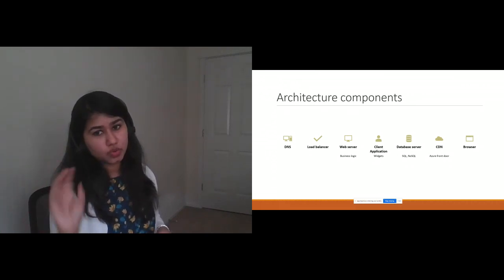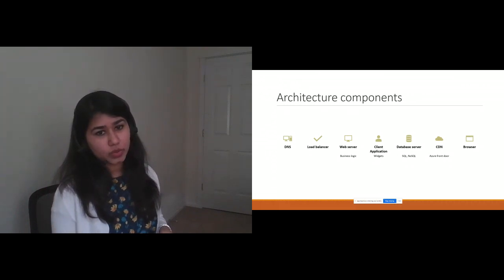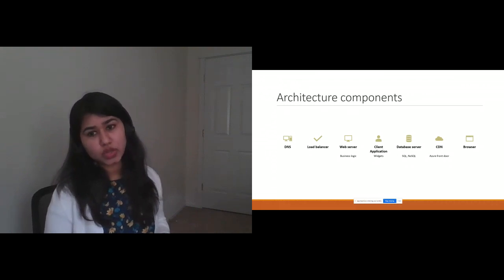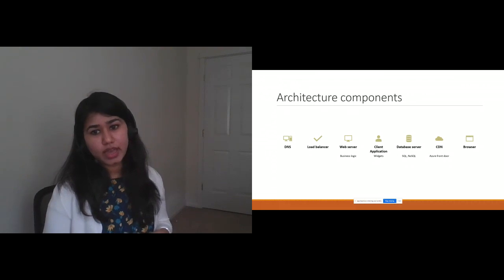The web server basically has all the logic: when your client application that is served to you over the browser sends a request to a web server, it does all the calculation, all the transformation of business logic, and serves that response to you on the client application on the browser when needed. And in modern architectures, we also have a load balancer, the main importance of which is scaling.